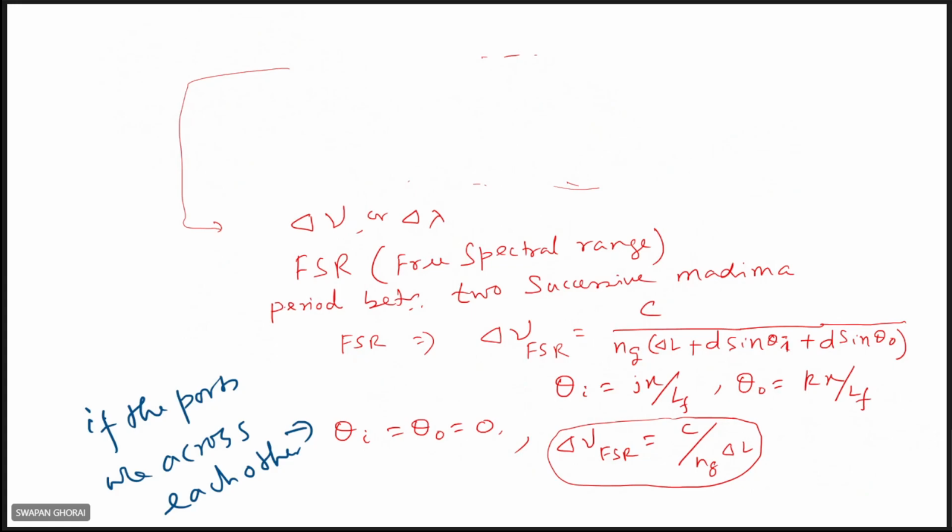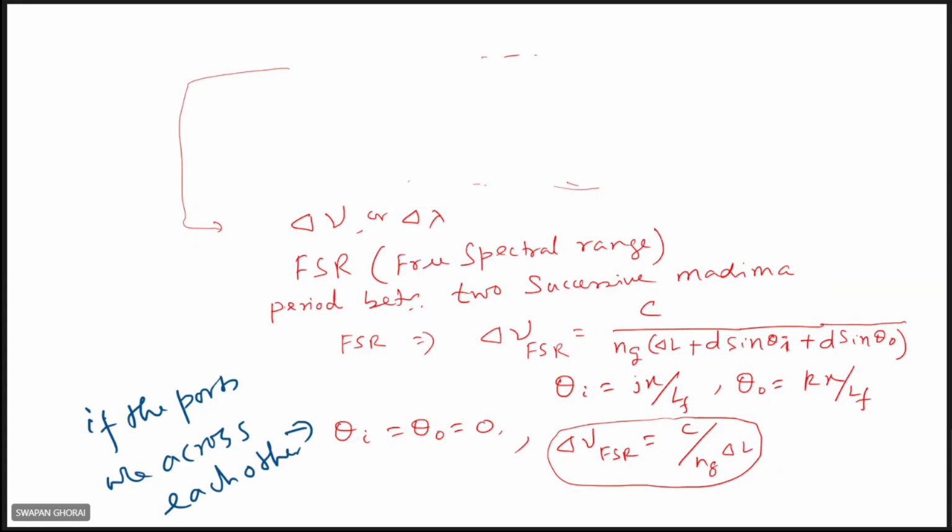Another important factor in these configurations is the free spectral range. Here the response is periodic. Since the diffraction happens in the star coupler, it is periodic among the maxima.